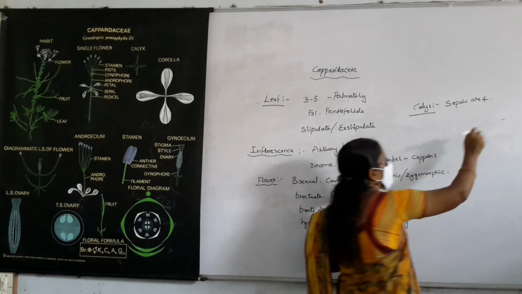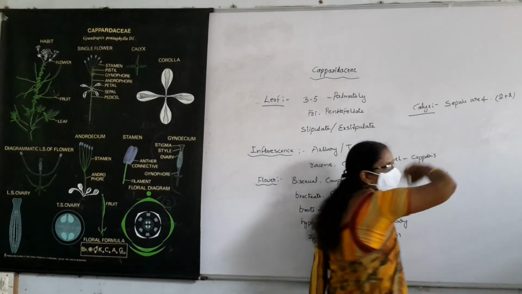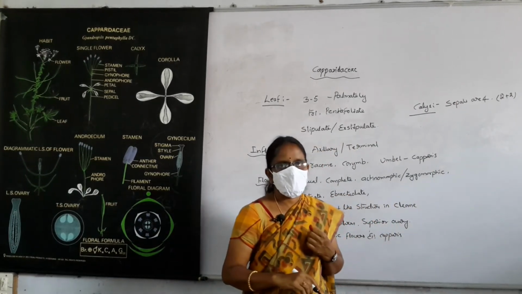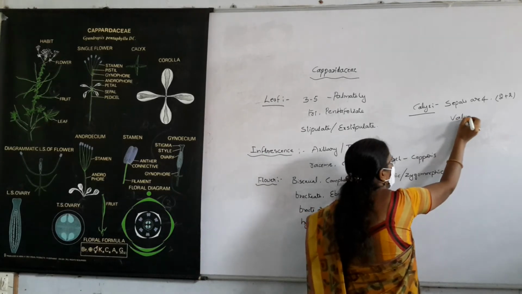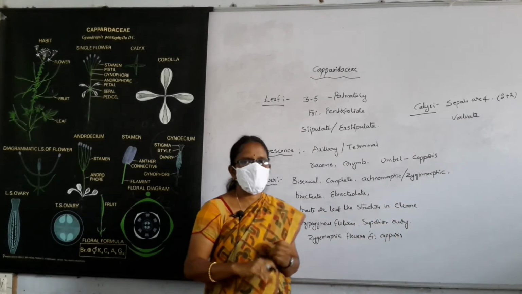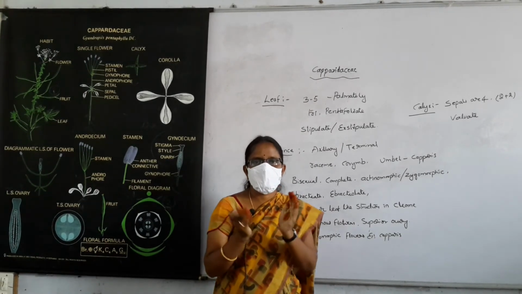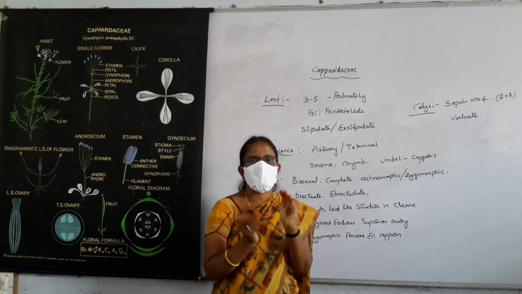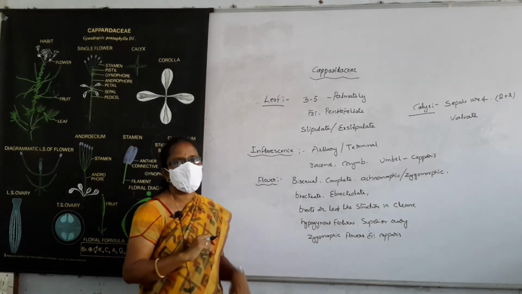The sepals are arranged mostly 2+2, with valvate aestivation. Sepals are 4, arranged 2 plus 2. In some plants, 2 sepals are on the outer side and 2 sepals are on the inner side, and the aestivation is valvate.